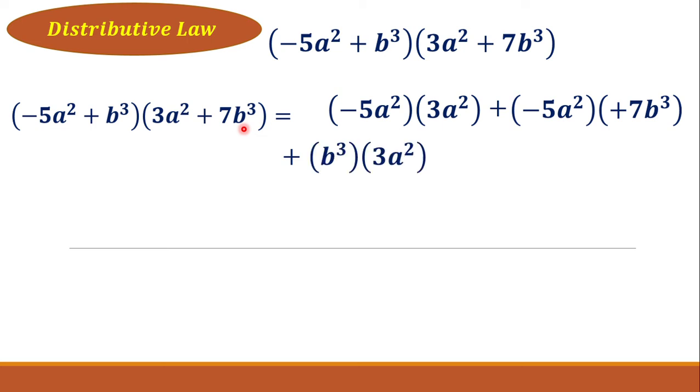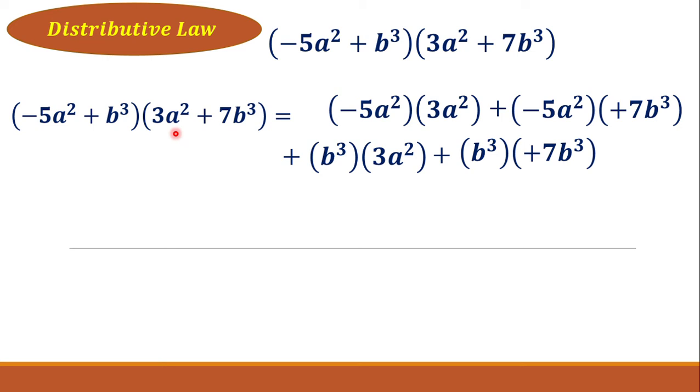Plus uli, B cubed multiplied by 3A squared. Plus 7 multiplied by B cubed plus 7B.